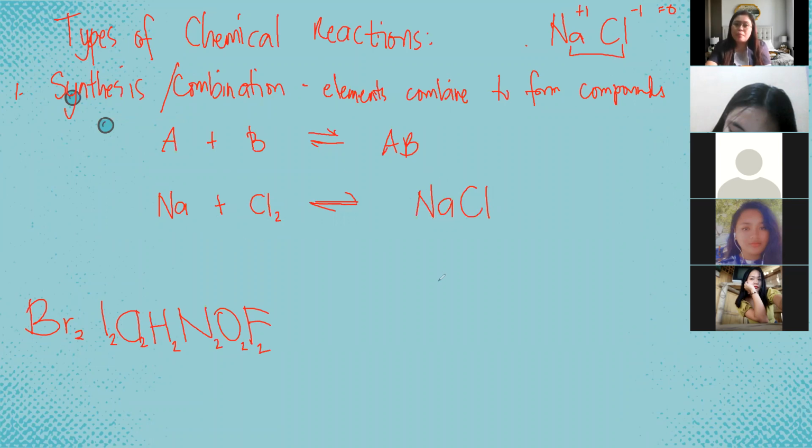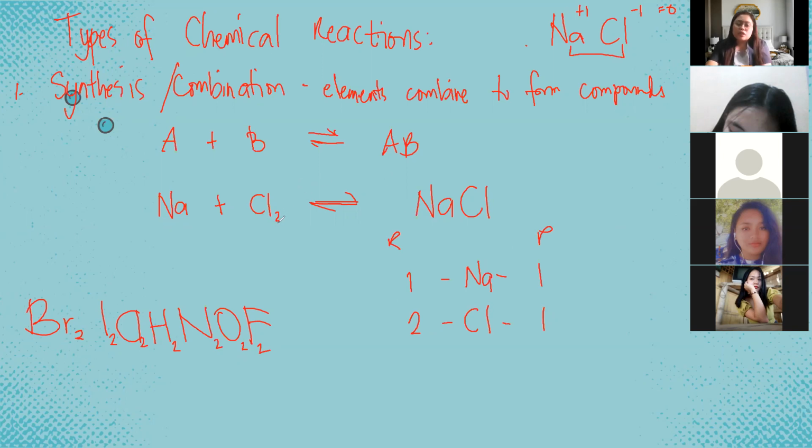If you look at it, you only have two elements there. This is the reactant side, and this is the product side. You have one Na and 2 Cl, but on the product side, we have one Na and one Cl. So they are not balanced. So it is time to balance the equation, class.